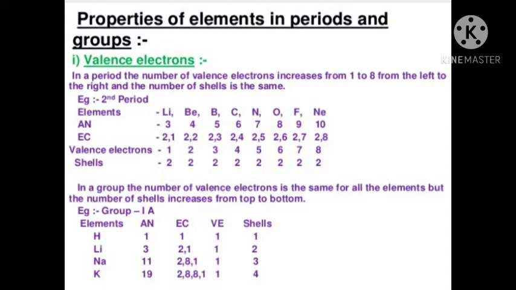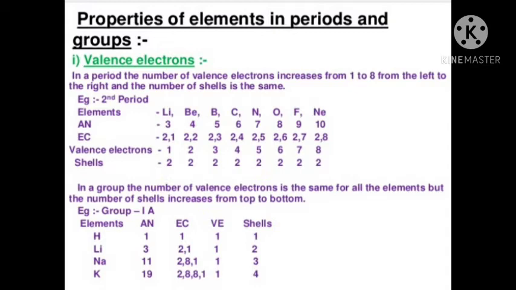The electronic configuration of them: 2,1; 2,2; 2,3; 2,4; 2,5; 2,6; 2,7 and 2,8 respectively. The valence electrons: for lithium 1, beryllium 2, boron 3, carbon 4, nitrogen 5, oxygen 6, fluorine 7, neon 8.